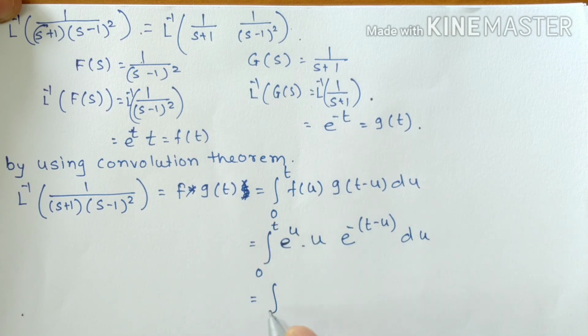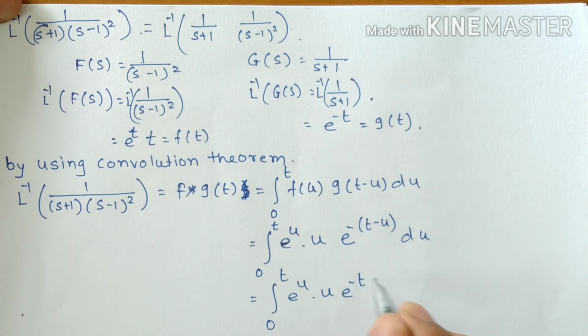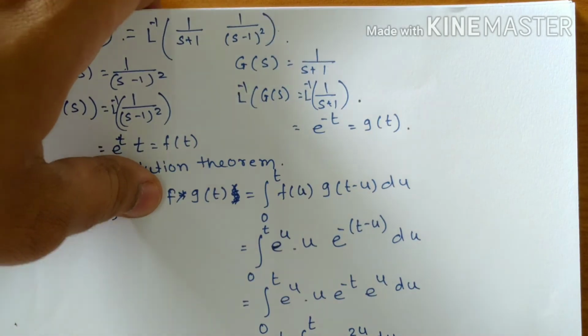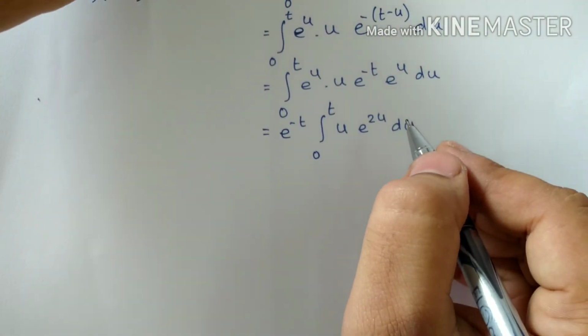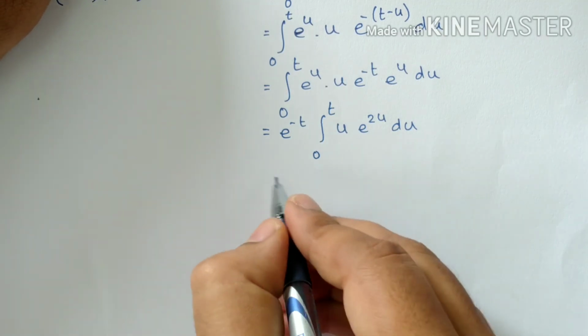So this is integration from 0 to t e raised to u into u. While simplifying this, I am getting e raised to minus t into e raised to plus u du. So one can have e raised to minus t outside, integration from 0 to t u into e raised to 2u du. Now apply integration by parts and derive this solution.